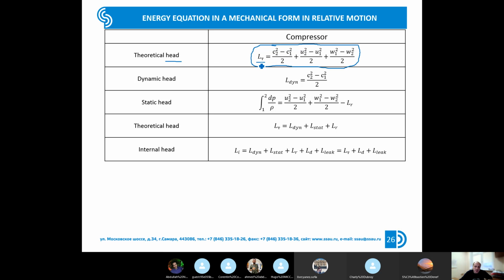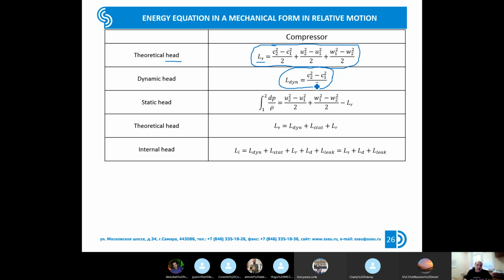So this equation, which we discussed in the previous slide, describes the mechanical work which is supplied by blades to the flow. Let's set the new names. Let's take the first term of this equation. You will see that it is the change of the kinetic energy in absolute motion.